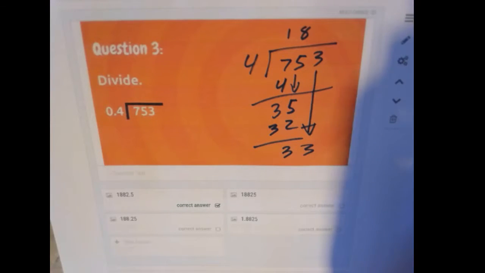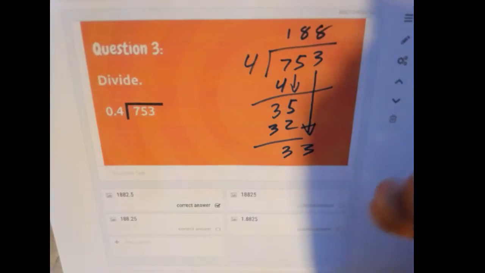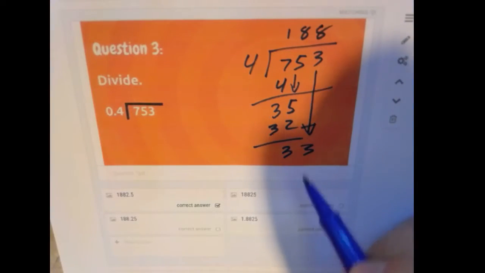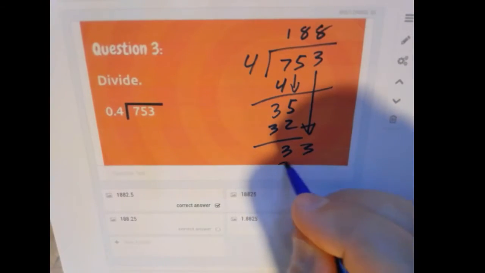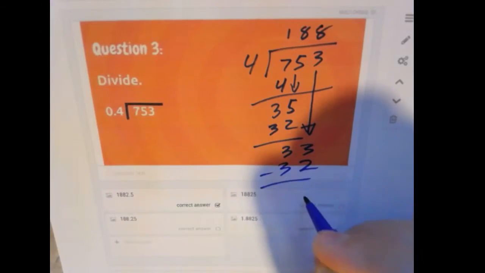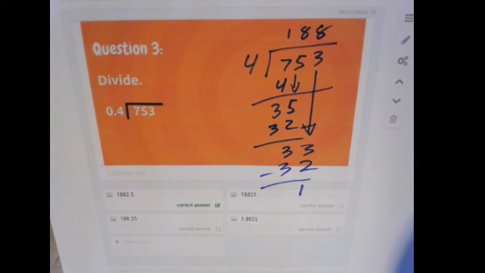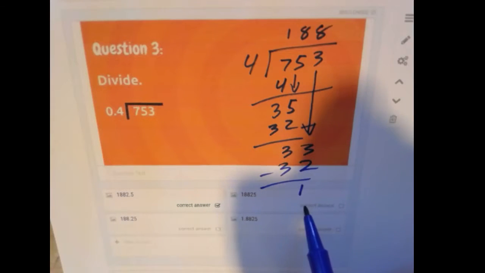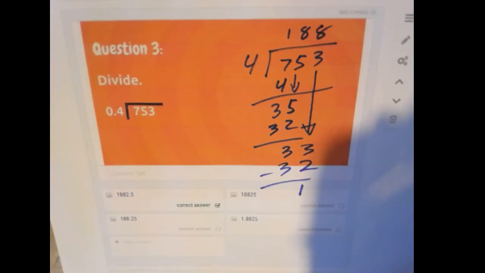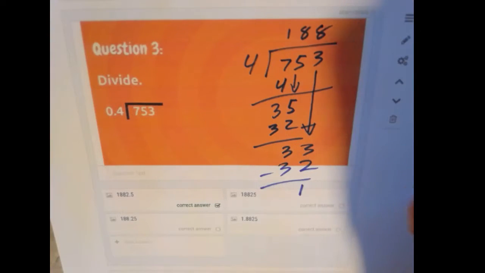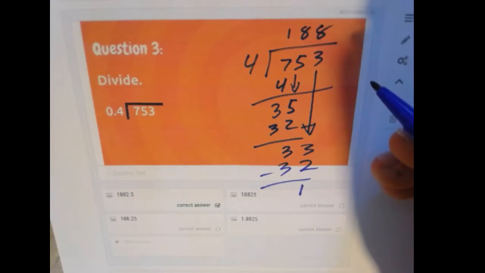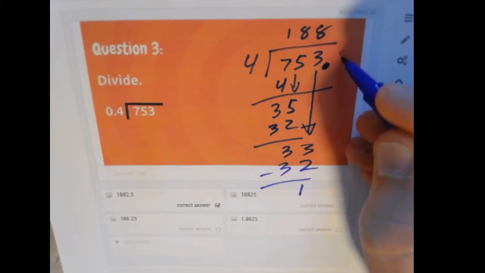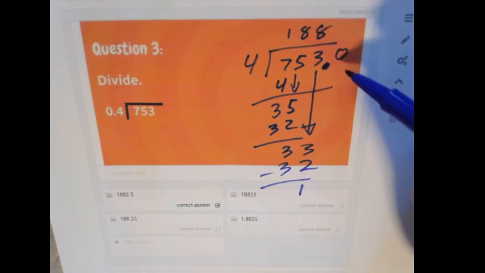Well, 4 times 8 again made the 32. So 4 times 8 would be 32. Find the difference. 1. Now 4 does not quite fit into 1, does it? It does not. So what we're going to have to do is we're going to have to make a point 0 and get some help.